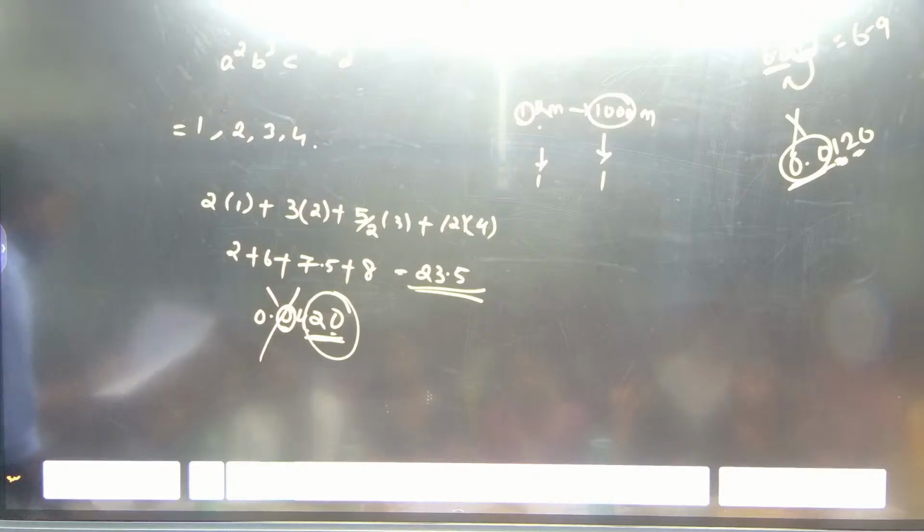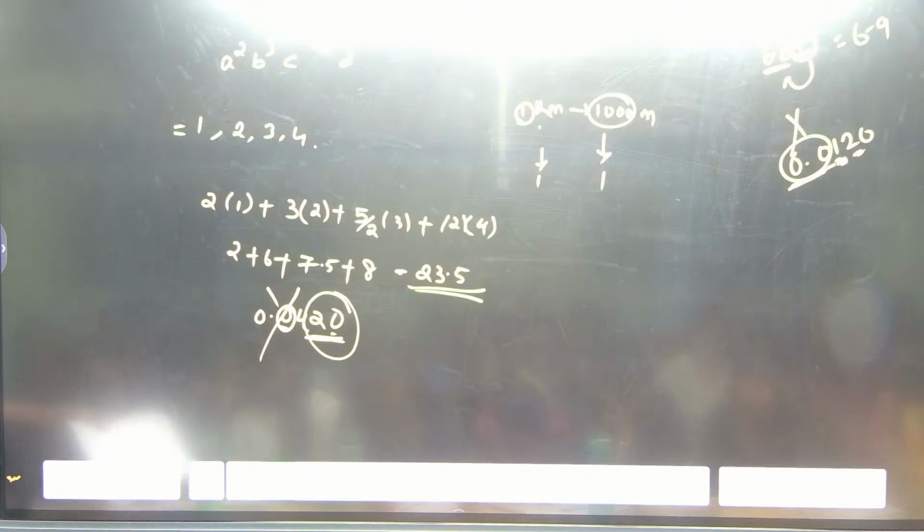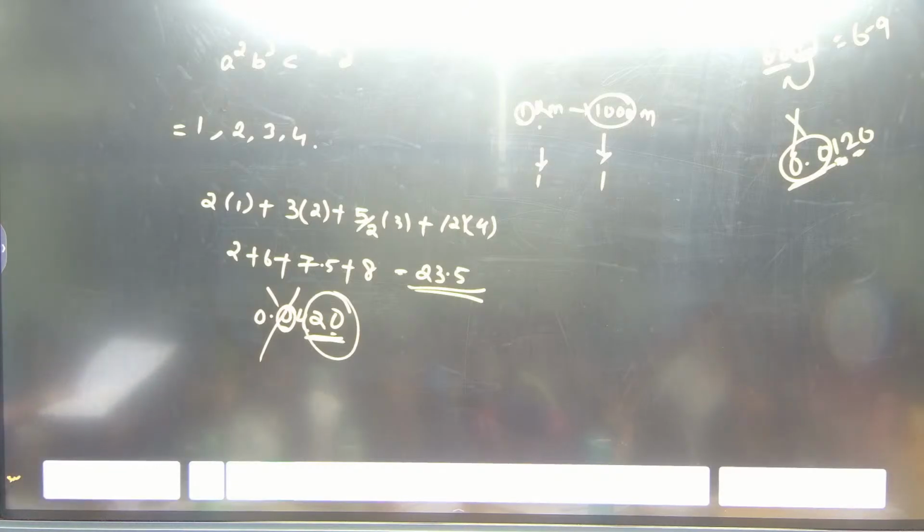Next one, step number 2, if the digit to be rounded off is less than 5, then the preceding digit is unaffected.